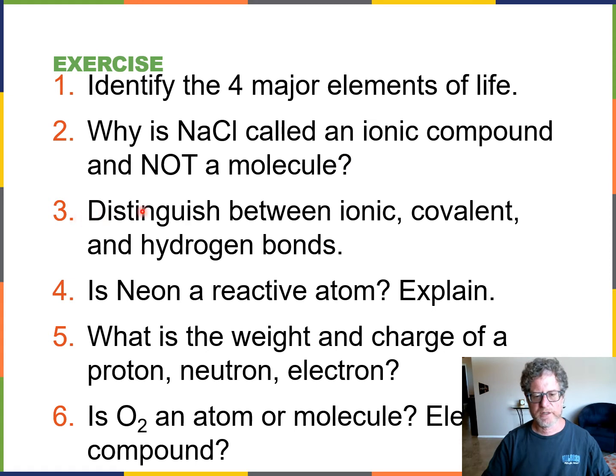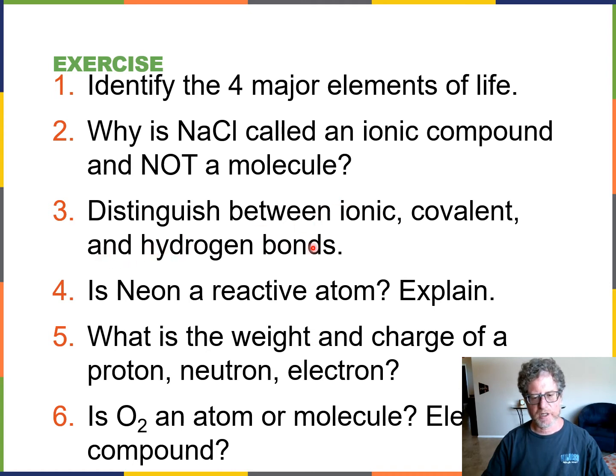Number 3, distinguish between ionic, covalent, and hydrogen bonds. Okay, so in an aqueous solution, not in air, but in a water solution, covalent are the strongest, and they're formed by electron sharing in the valence shell. Ionic are the next strongest in an aqueous solution, and they're formed by attraction between positive and negative charges when one atom donates electrons to another atom.